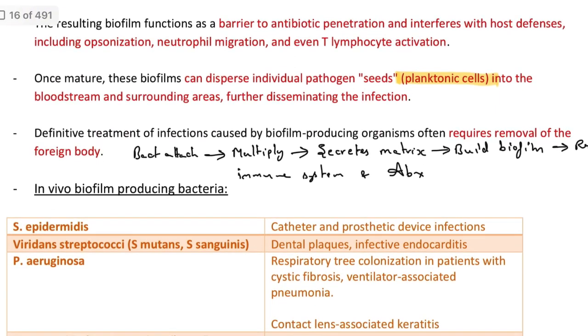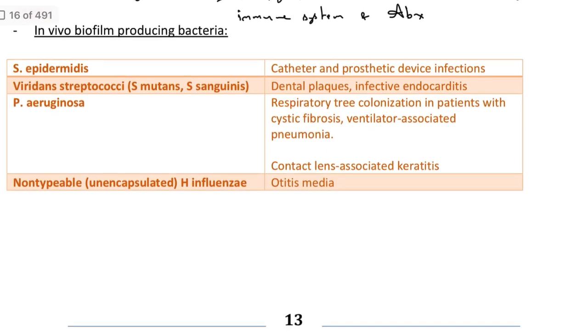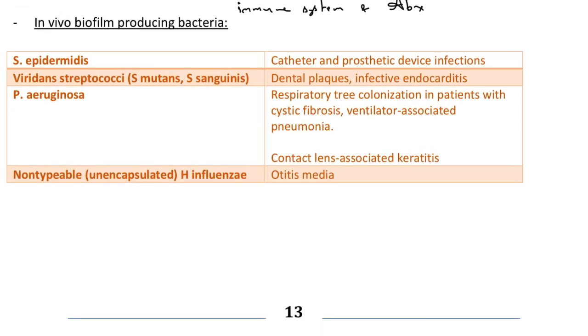Okay, so now we are going to see one small table, that is the in vivo biofilm forming bacteria. First of all, the bacteria is S. epidermidis. The clinical conditions we can say are catheter infections, prosthetic valves and shunts. And we can see the next one, streptococci mutans and sanguinis.